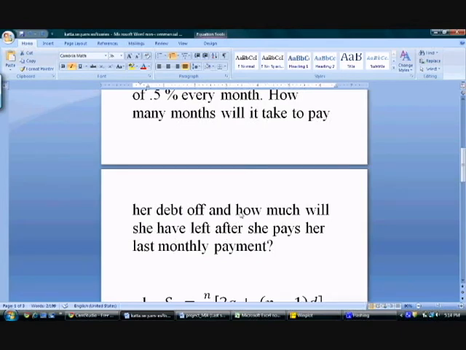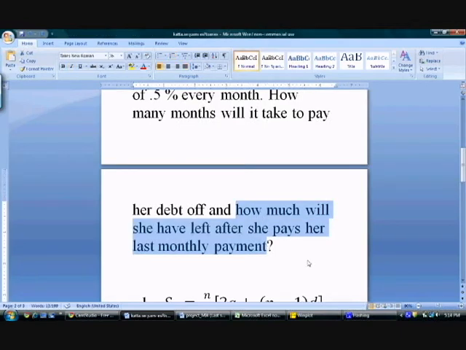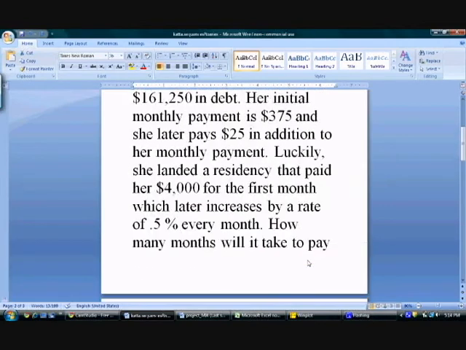And the second part of the question is, how much will she have left after she pays her last monthly payment? So, we look at how much she's paid. She's paid $4,000 for the first month, so this is the first term, and this increases by a rate of 0.5. A rate is a ratio, or it can be used as a ratio.